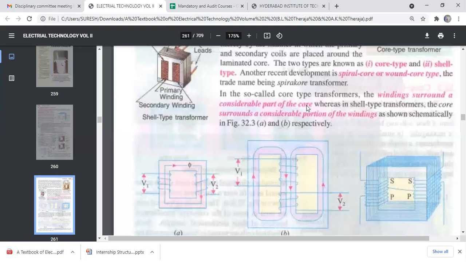Next, shell type. Write the next heading, shell type transformer. See, here I am drawing on the board.